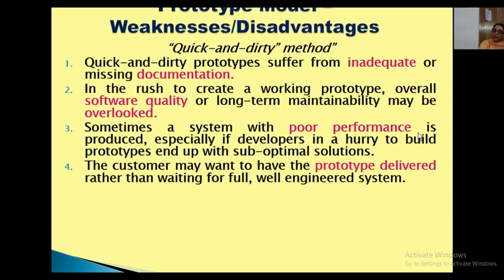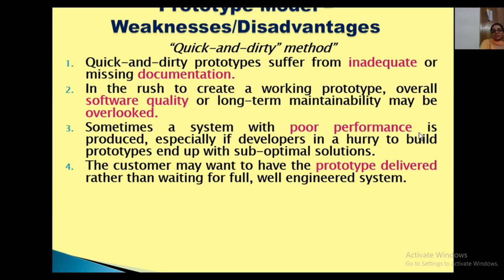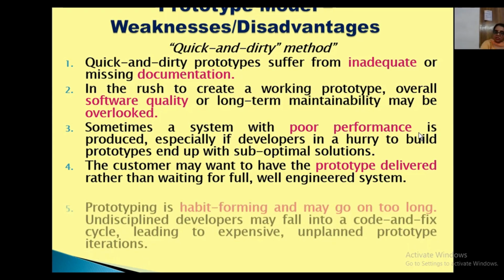Point 4. The customer may want to have the prototype delivered rather than waiting for the full well-engineered system. It can happen in between somewhere. The customer says, give me your partially developed system or a prototype instead of the fully developed system.